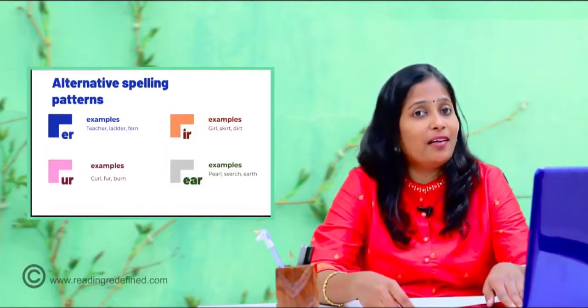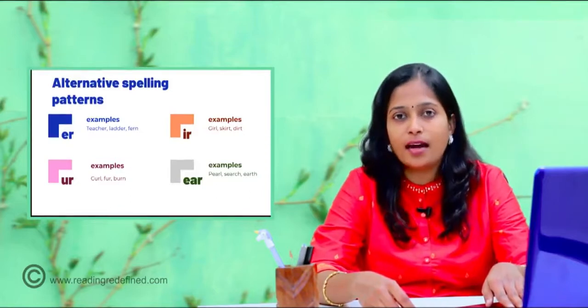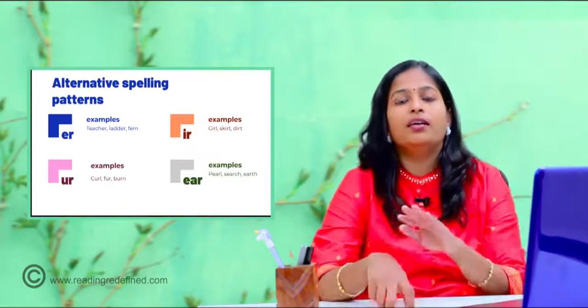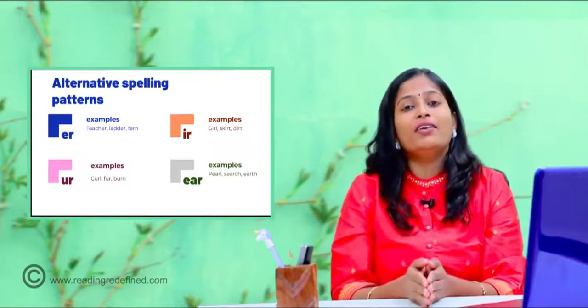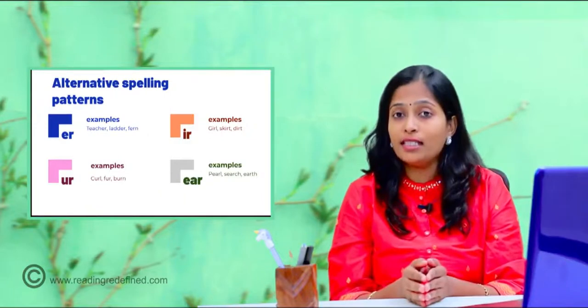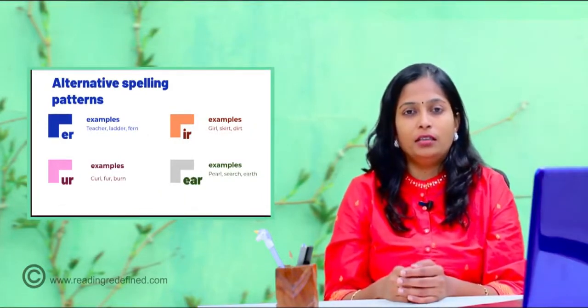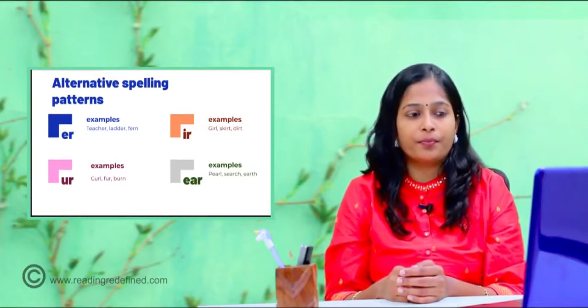Next we have the different spelling patterns for IR and UR, which make the same sound. If you notice, when we come across this spelling pattern, we tend to pronounce it in a different way according to the spelling.